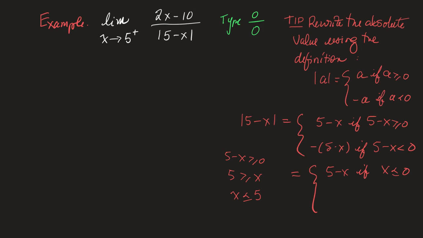And I can do the same thing with this part here. And so I can rewrite that bottom piece as minus 5 minus x if x is greater than 5.